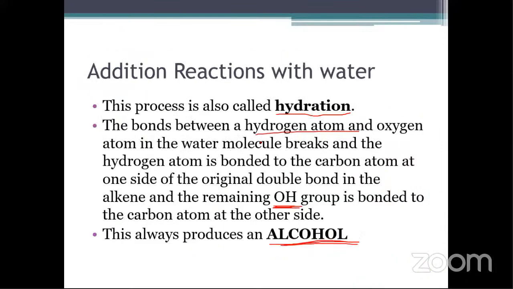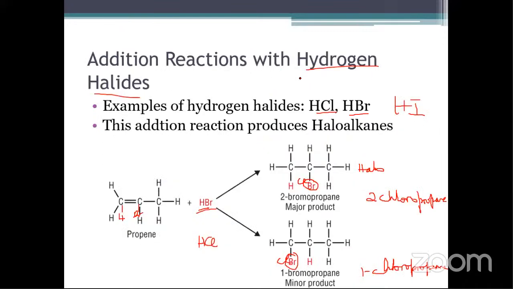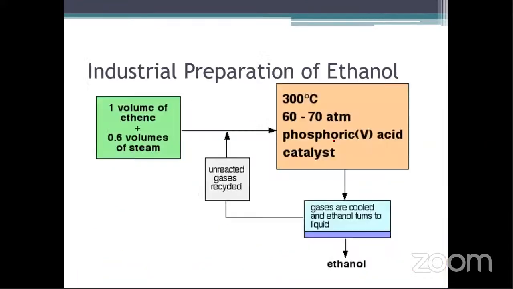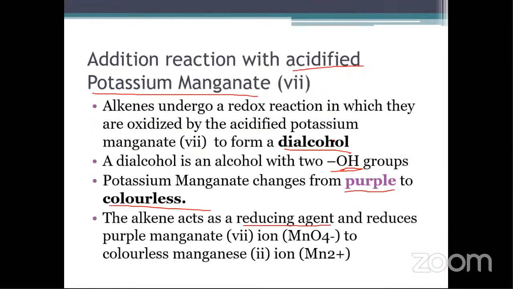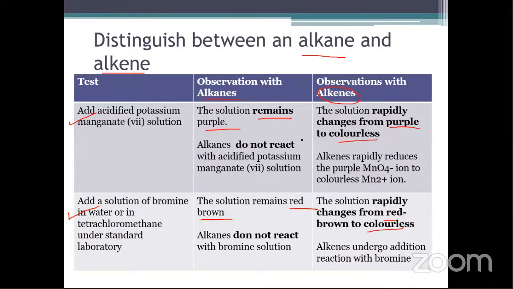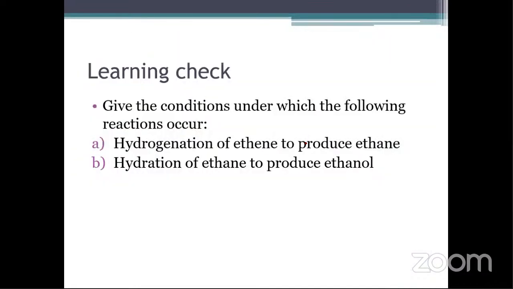You can add a hydrogen halide, and we call that addition of hydrogen halides. You can add water, and we call that hydration, and that produces an alcohol. And you can add acidified potassium manganate, which produces a dialcohol, which we spoke about earlier.